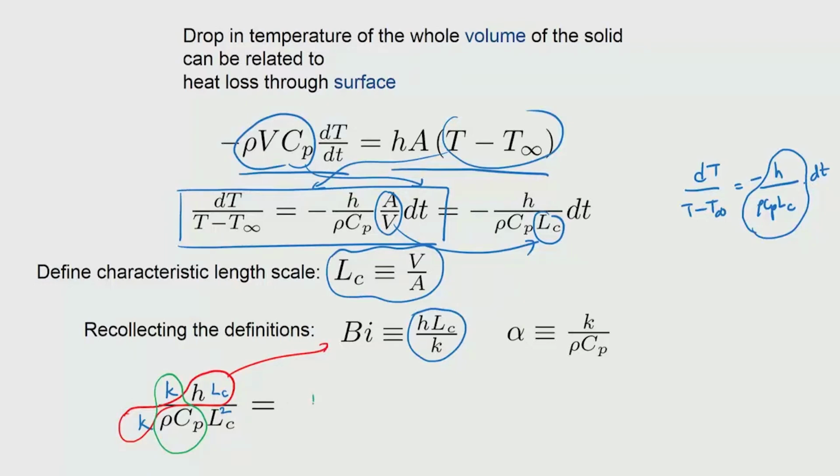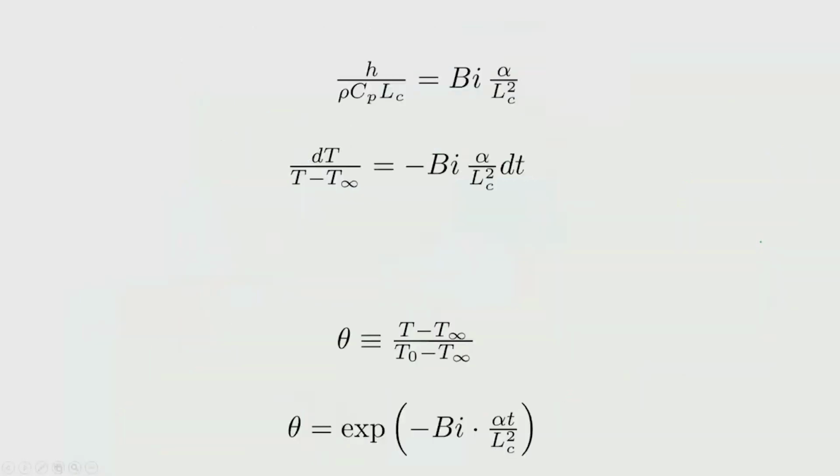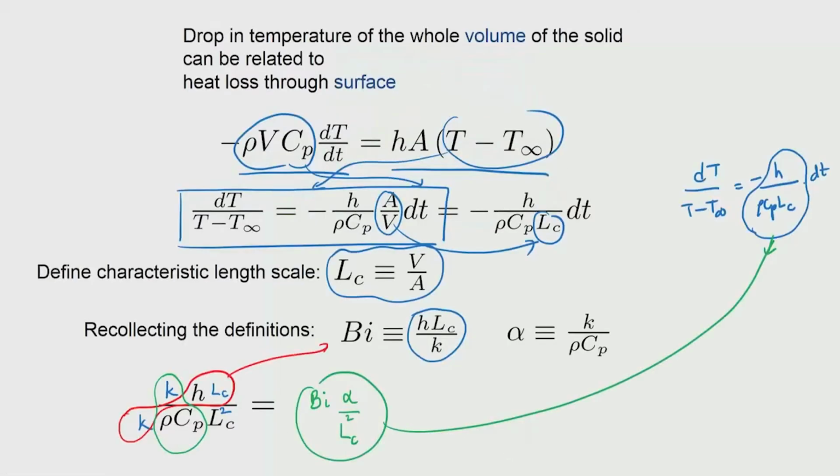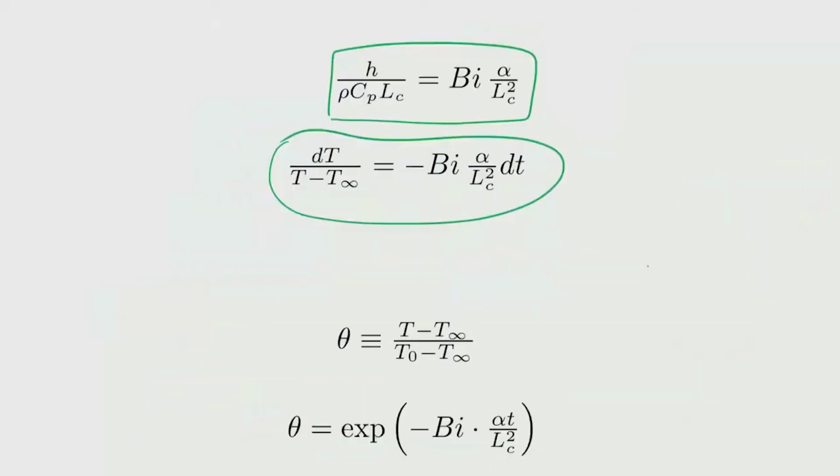So, first is the Biot number, and then you have alpha there, and then divided by Lc square. So, this expression can then be replaced with this expression. So, we have done that here. So, we have Biot number into alpha by Lc square being used for h by rho Cp Lc, and then we look at the governing equation here, this itself is written here.